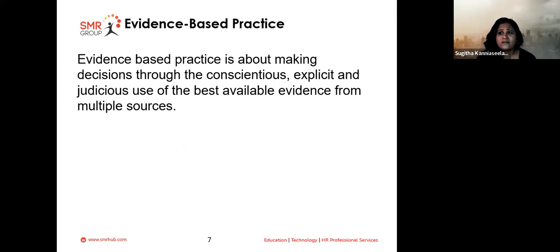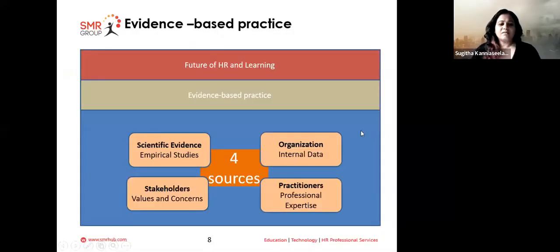We must leave no stone unturned when we practice evidence-based practice. You will understand as we come to it. There are 4 sources that underpin evidence-based practice. This actually helps the advancement of evidence-based practice, and it is very much seen as the future of HR and learning. You will understand why as we go by each of these sources.